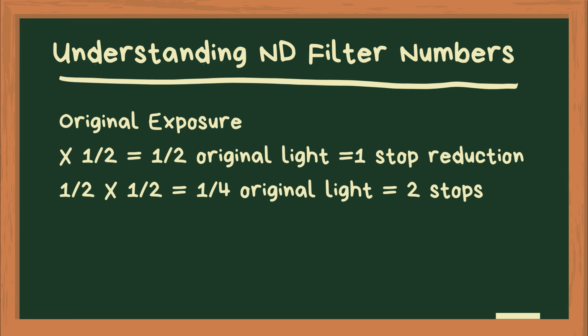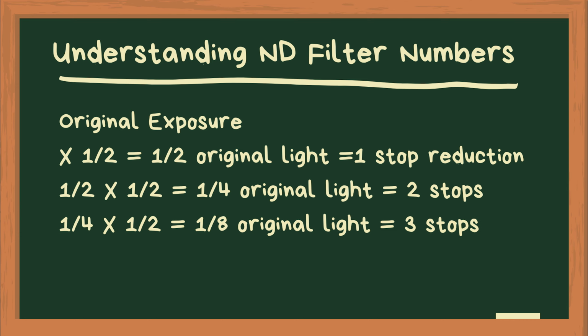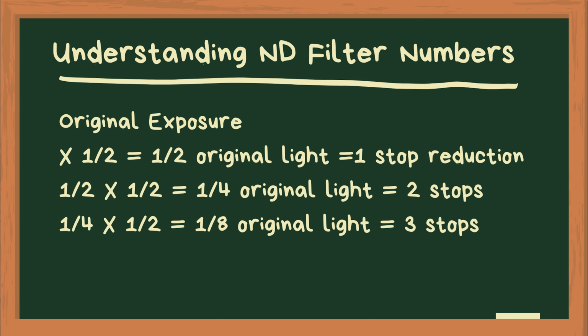So I've now got 1/4 of the amount of light I originally had, and that's 2 stops. If I reduce it by a half again, that's 1/4 times a half equals 1/8 of the light that I originally had, and that's 3 stops. And that corresponds to an ND8. So ND8 means 1/8 of the amount of light is passing through when you put that filter on.